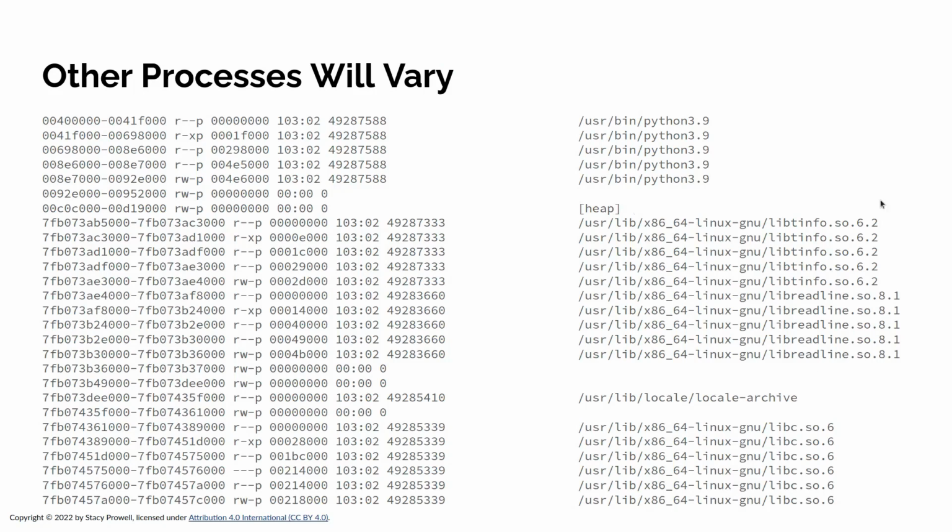Other processes vary. This is the memory map of Python 3.9 while it's running. It's got a heap. If you see libtinfo, libreadline, you're wondering how you get access to libc at runtime. They get mapped into memory just like everything else. Information about your locale, the strings for your locale, gets mapped in. Python needs that.